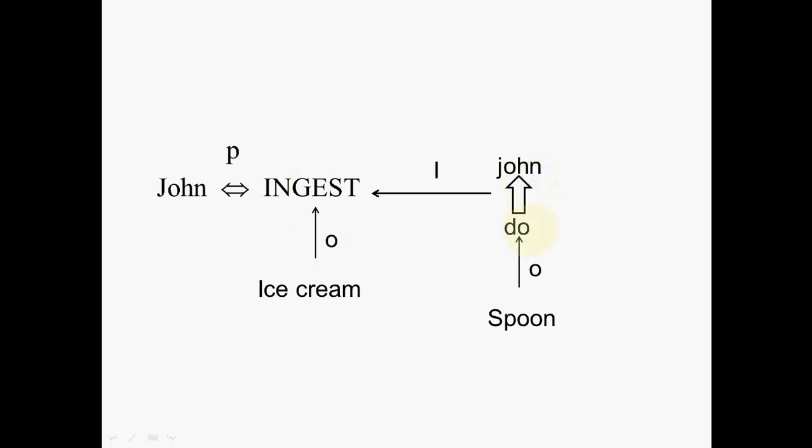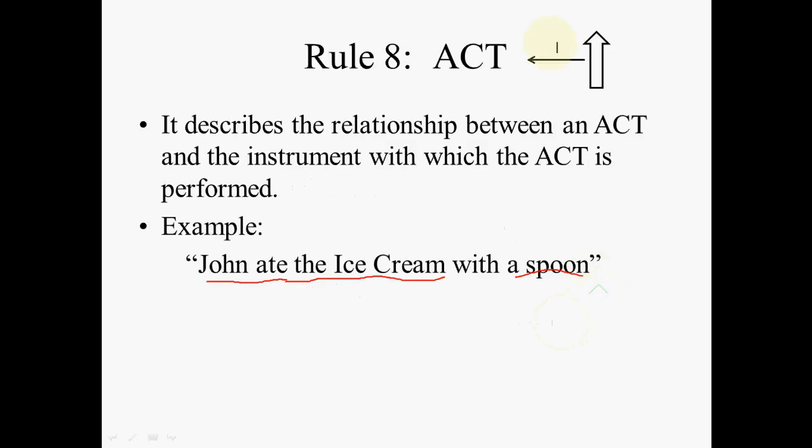That means while John was doing the act of eating, the object involved in doing the action of ingesting is spoon. Do John tells that John was doing the act of ingesting, and the instrument used for that action, the object, was the spoon. Okay.